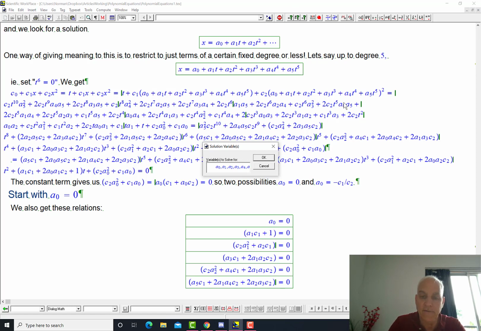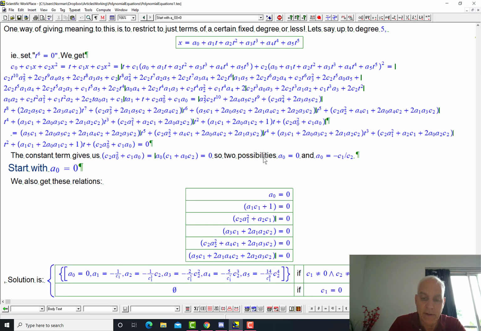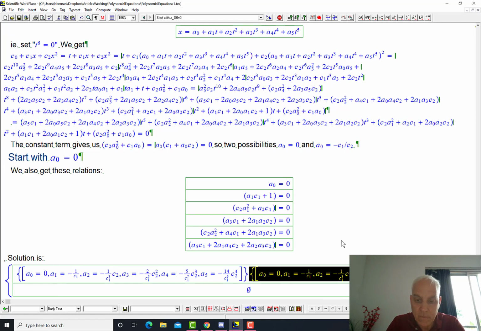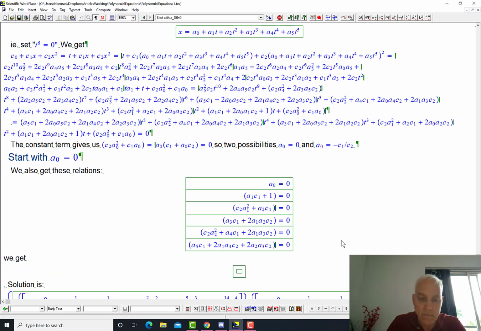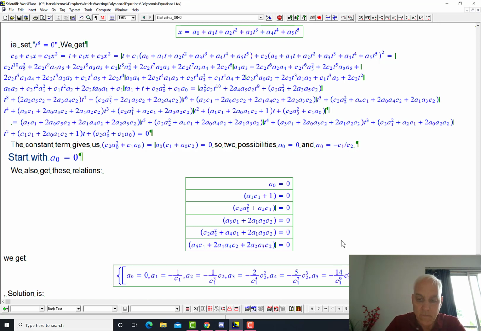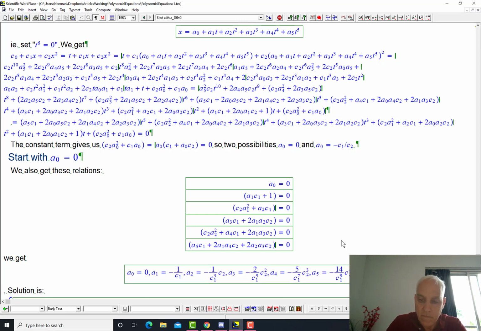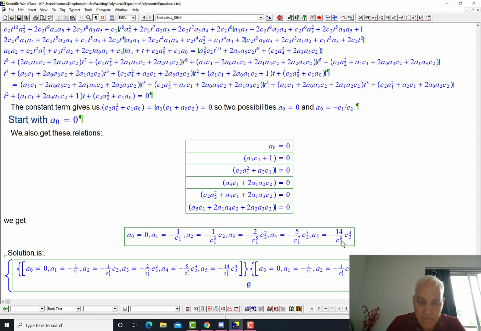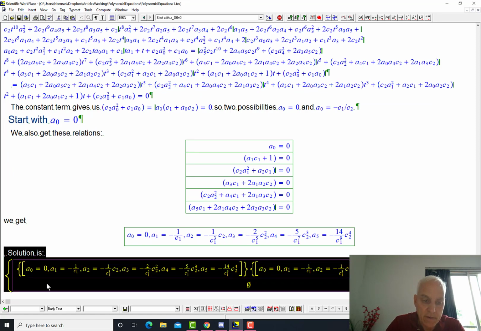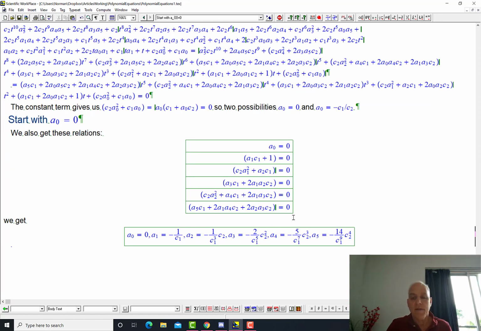Okay, let's see if Scientific Workplace will figure out what the values are. Hey, it does. So we get these values for our solution.